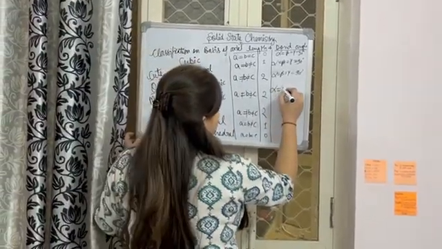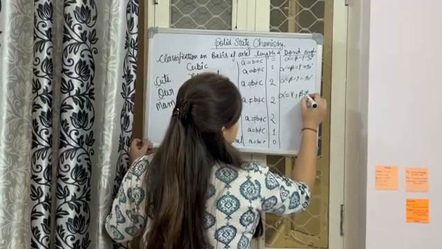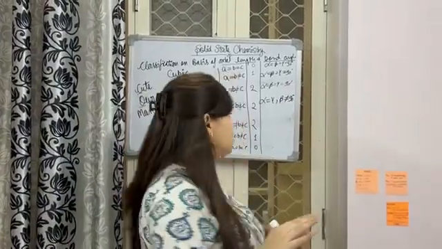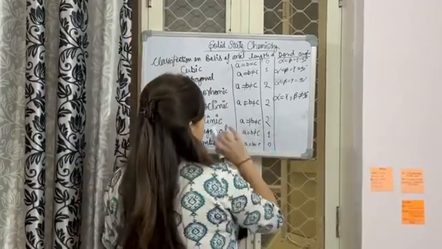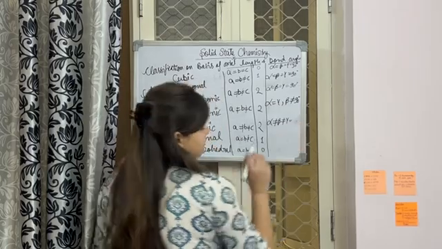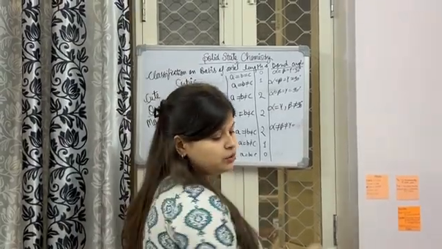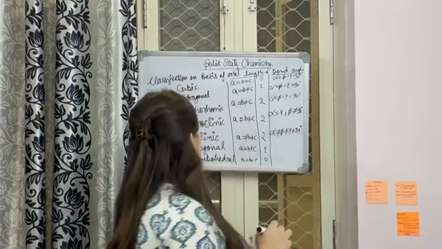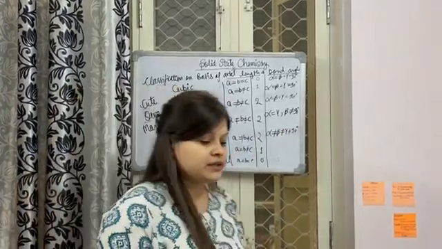Next, in triclinic, alpha is not equal to beta, not equal to gamma, and none of them is equal to 90 degrees.